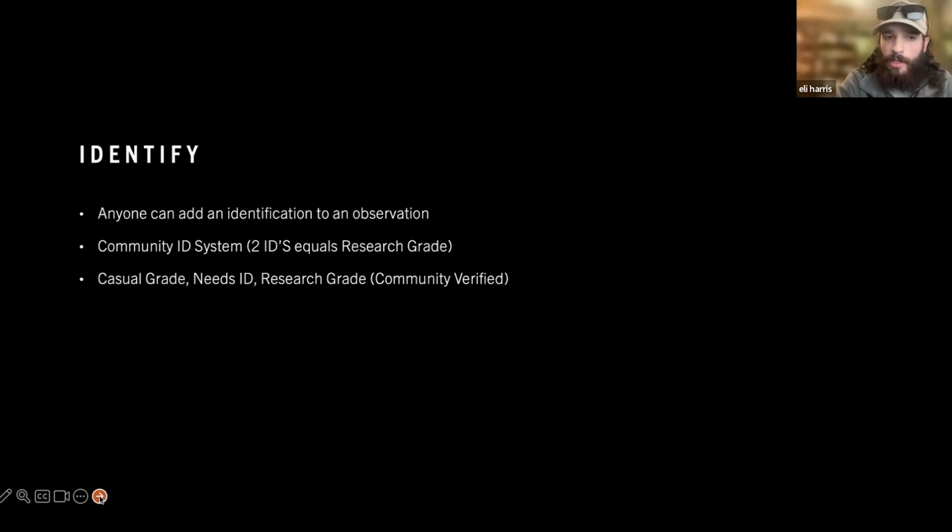There's casual grade, which would mean that the species is either domesticated, such as a hosta or something like that, or it could be casual grade if the date or location is not accurate. Needs ID is just where no one has posted an ID on it. And then research grade would be where you have two IDs in agreement with each other.